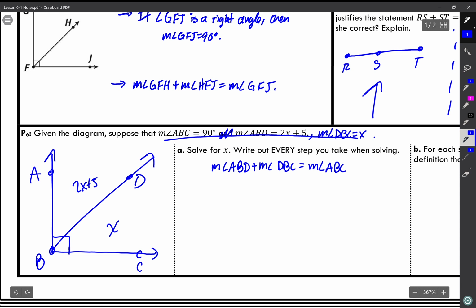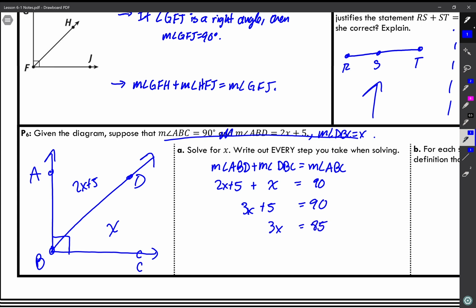So let's plug in what we know. We know ABD is 2x plus 5, DBC is x, and it's equal to ABC, which is 90. Now we solve a little bit. We get 3x plus 5 is equal to 90. We'll subtract 5 from both sides. We get 3x is equal to 85.